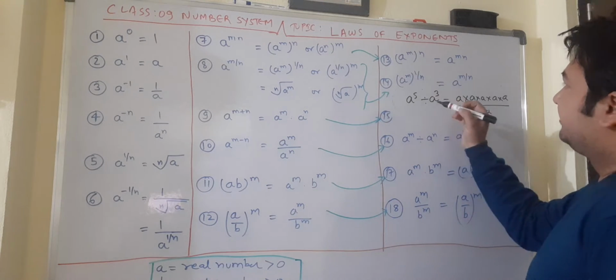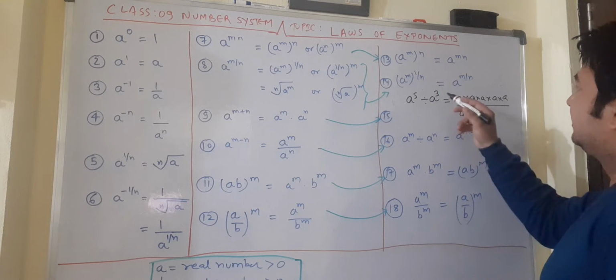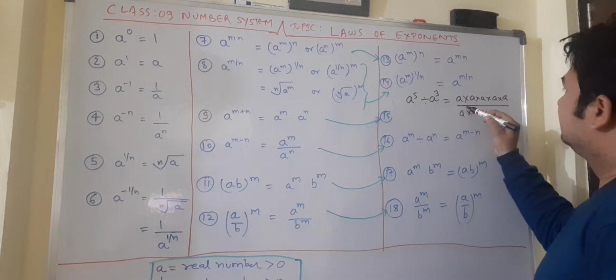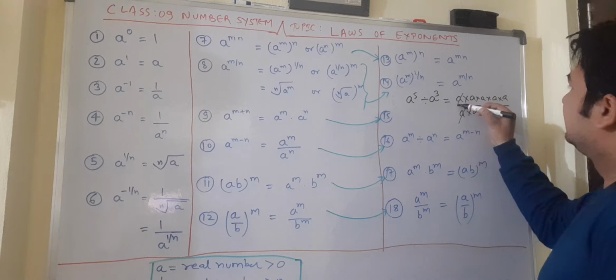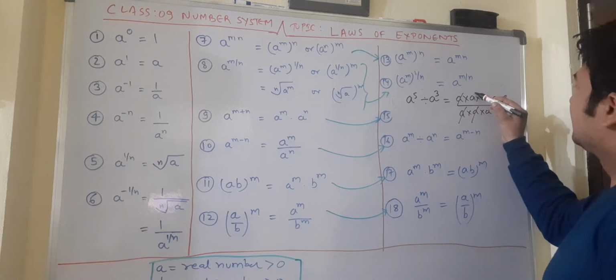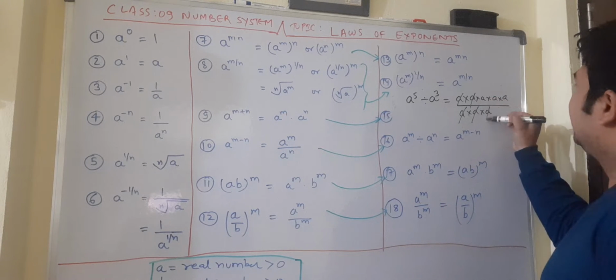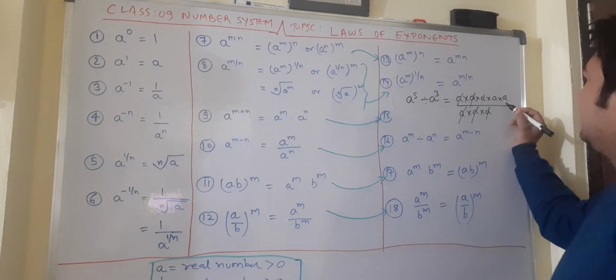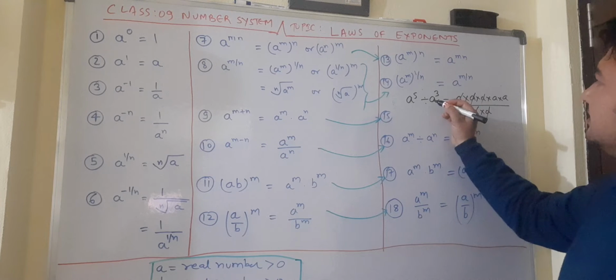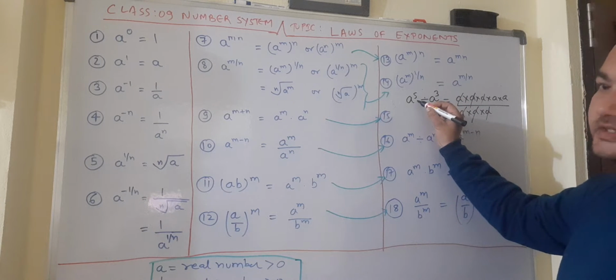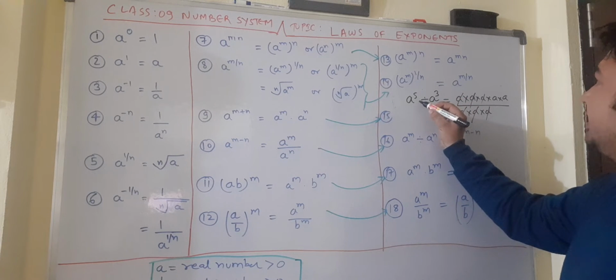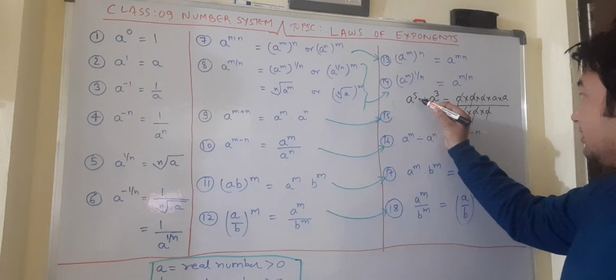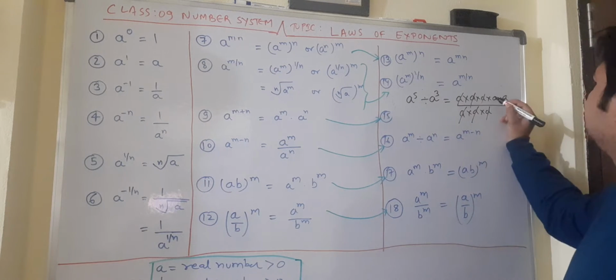This one is 5, this one is 3. What will we get? The smaller one will get cancelled: a to the power 3, a first, second and third. What are we left with? Only that part which could not get cancelled. Out of this 5, 3 will get cancelled. So what will remain? We will have only 5 minus 3, that is 2.